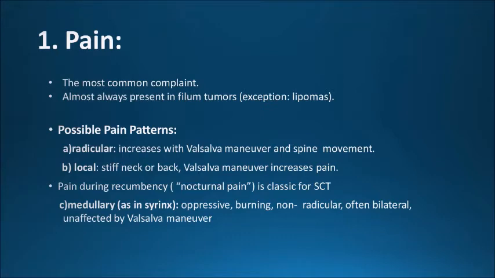Then the local one can be stiffness of the neck or the back. Valsalva maneuver can also increase such types of pain. Then pain during recumbency is a classical feature of spinal cord tumors, that is the nocturnal pain. Then we have the medullary pain, which is most common in the syrinx. Here we have the oppressive burning non-radicular type of pain, which is often bilateral and unaffected by the Valsalva maneuvers.